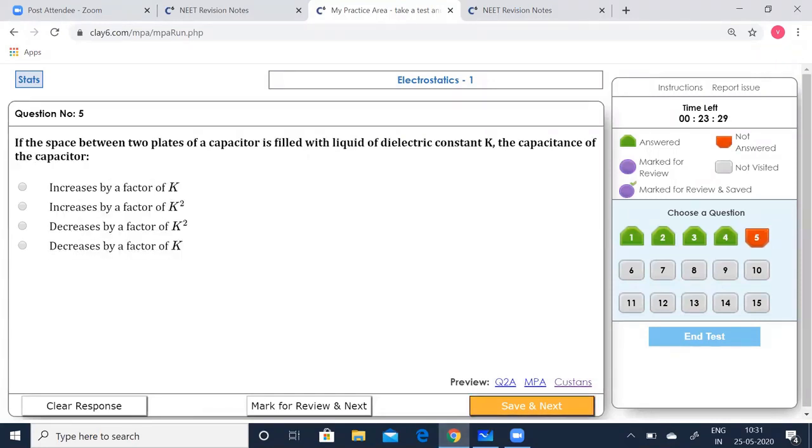If the space between two plates of a capacitor is filled with liquid of dielectric constant K, the capacitance of the capacitor increases by a factor of K, increases by a factor of K squared, decreases by a factor of K squared, or decreases by a factor of K. All right. Now we know C is equal to epsilon 0 A by d when air is between them.